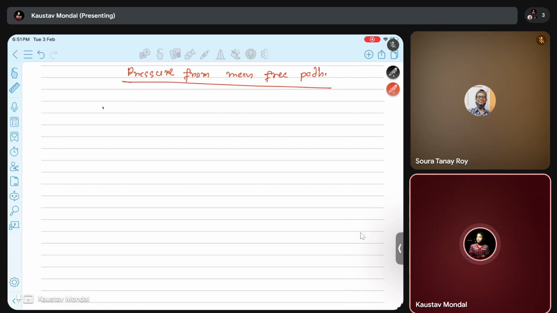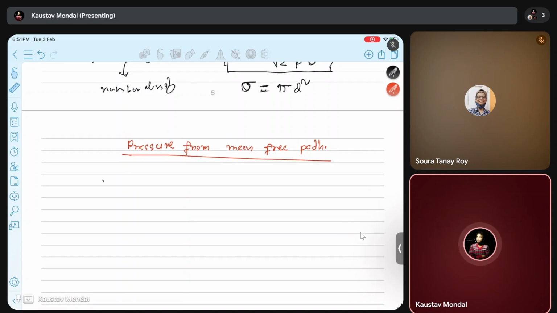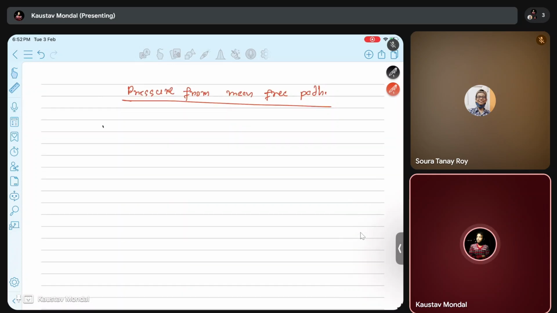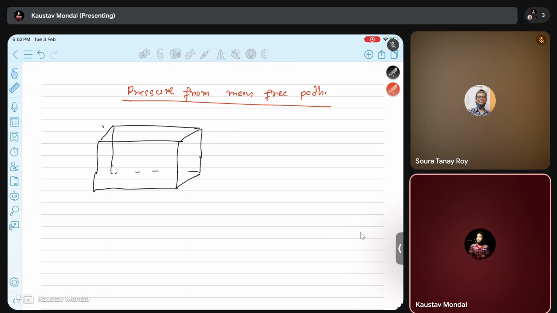Let's take you have a container of the gas. I'm just telling you how this derivation comes in a very rudimentary way. Let's suppose this is the gas container, with a small area element dA.